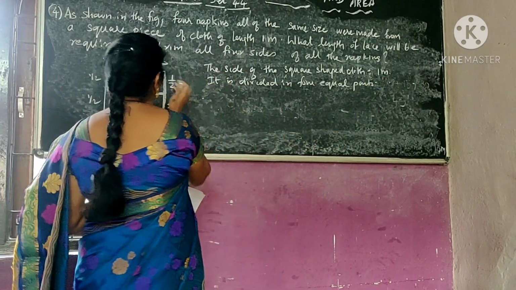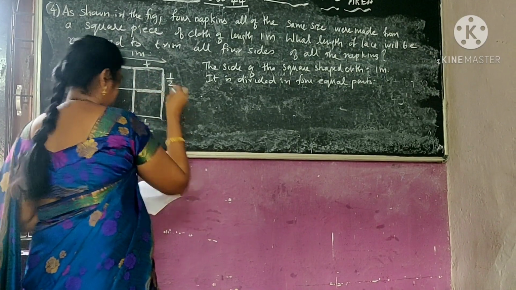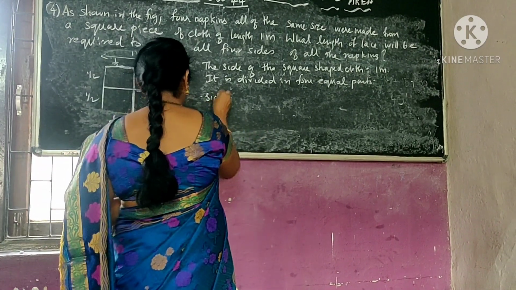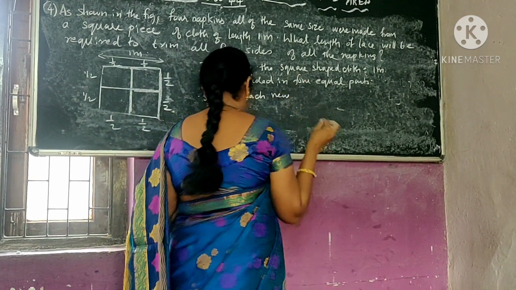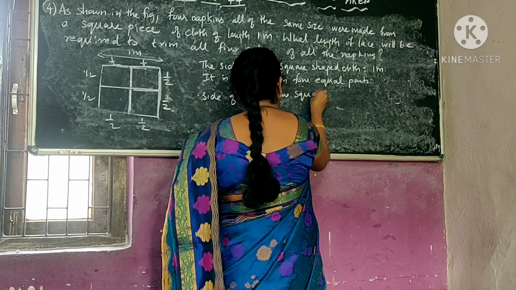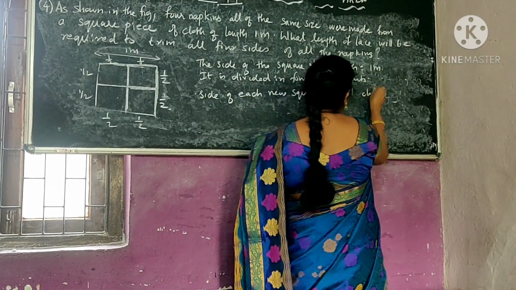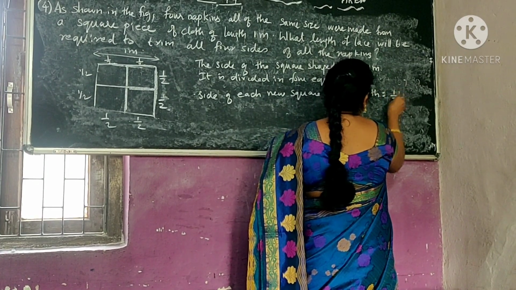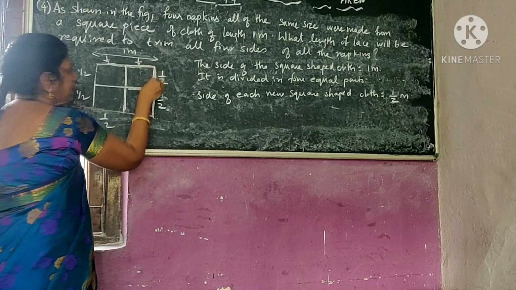When I divide into 4 equal parts, each side has become half. So side of each new square shaped cloth, that is napkin, will become half meter.